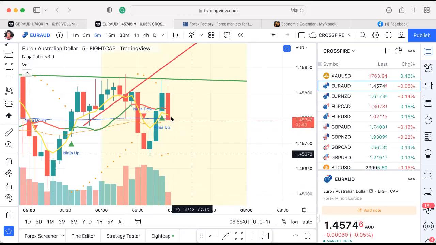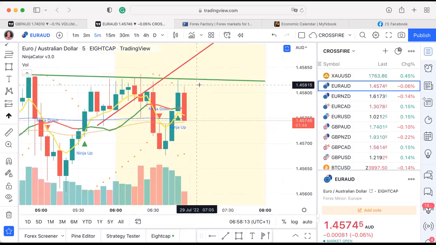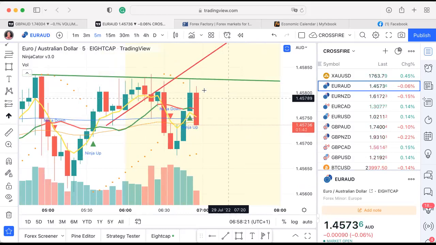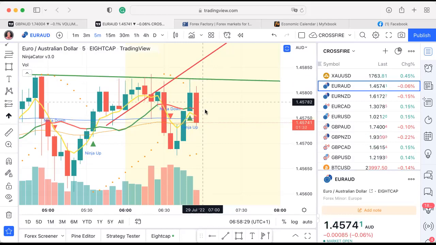The sellers are actually winning the battle at the moment. We've got a ninja up, but the sellers are saying, no, we don't want price to go above that line. If you think about the big banks and the hedge funds, they've got customers who are selling, who want price to go down.